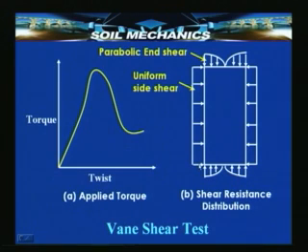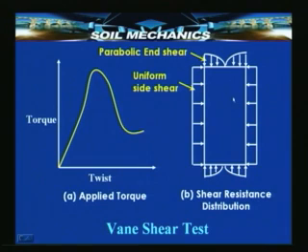Usually the shear resistance distribution is taken as uniform on the two sides, and at the top it is taken as either uniform, and so is the case with the bottom. What is shown here is a more generalized distribution than a uniform one, that is a parabolic end shear distribution, whether it is top end or at the bottom end.